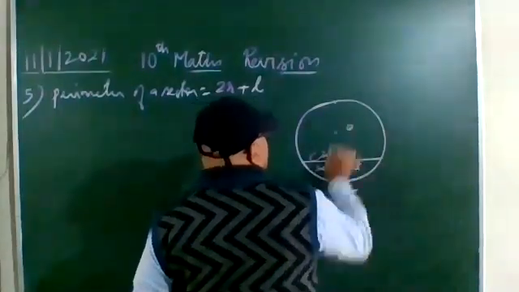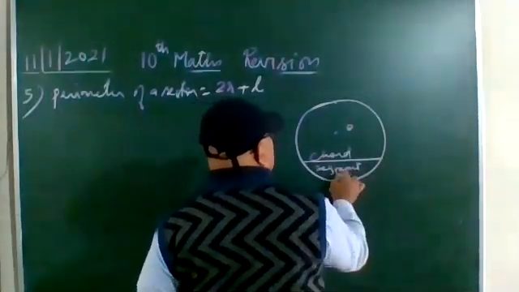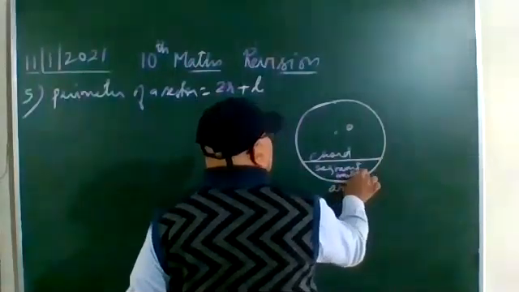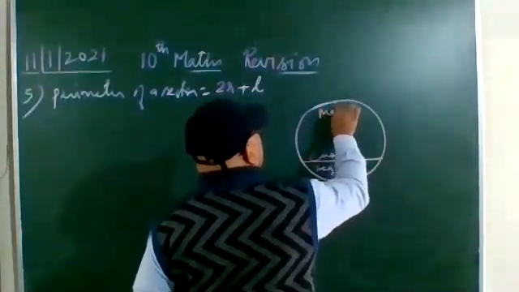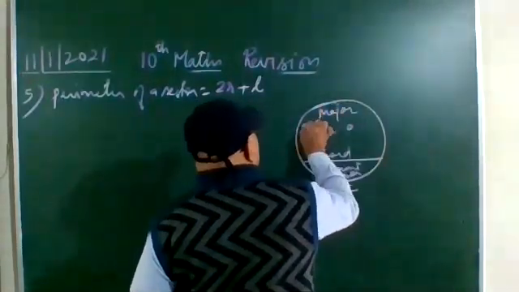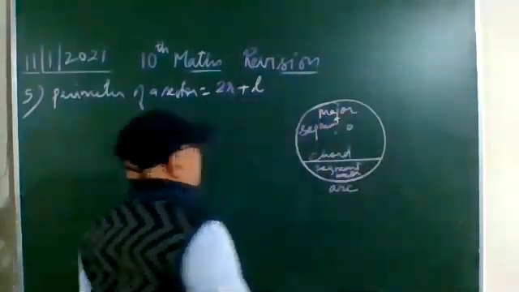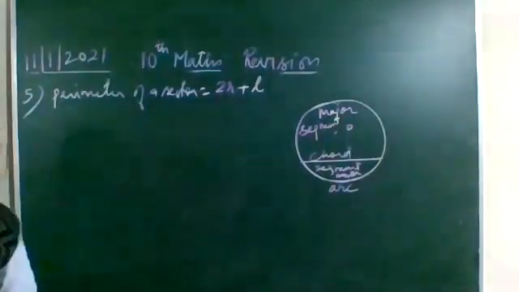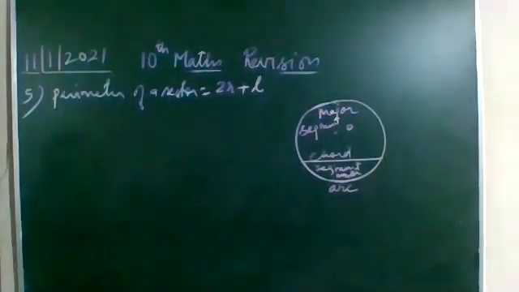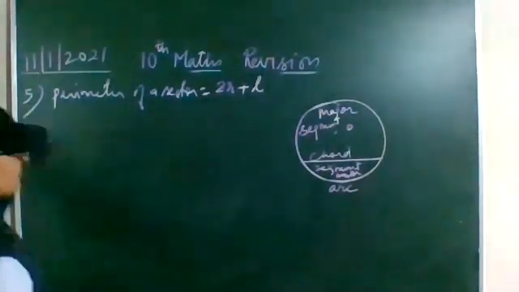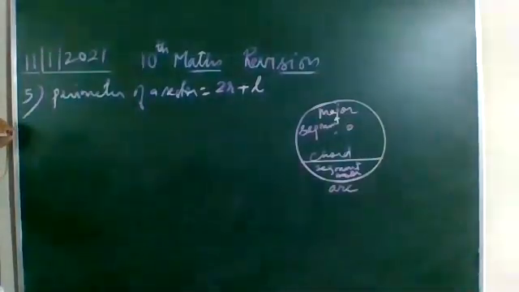So this is center, this is minor, and this is major segment. Major segment, minor segment. Perimeter of sector is 2r plus L.